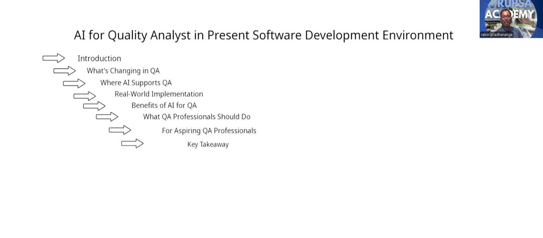We are already in that generation where AI is everywhere. AI is smarter now, and it's getting even better. There are tons and tons of tools coming out that are based on AI and machine learning.